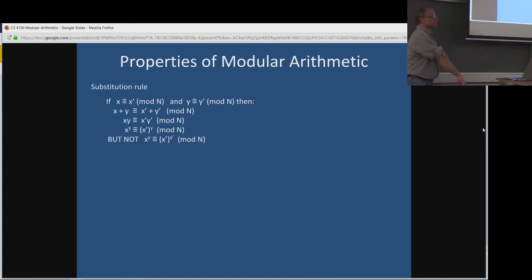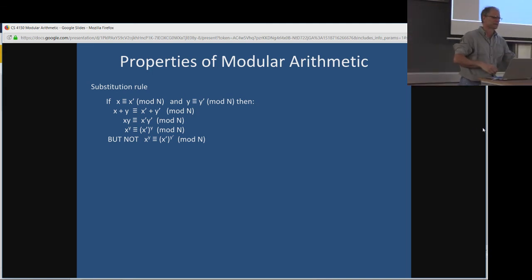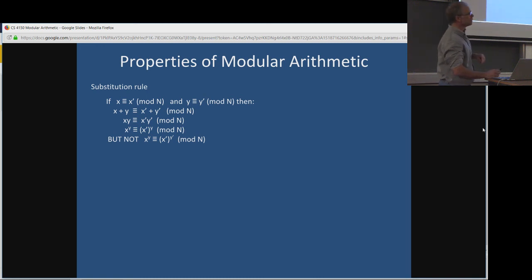Okay, so here are some properties of modular arithmetic. What does that mean? It's saying if x and x prime are equivalent mod n, and y and y prime are equivalent mod n, then x plus y is the same thing as x prime plus y prime mod n.